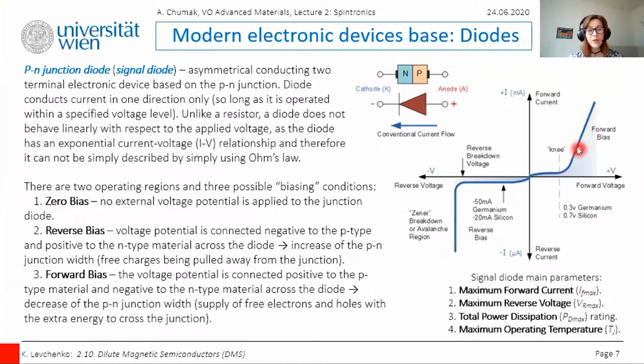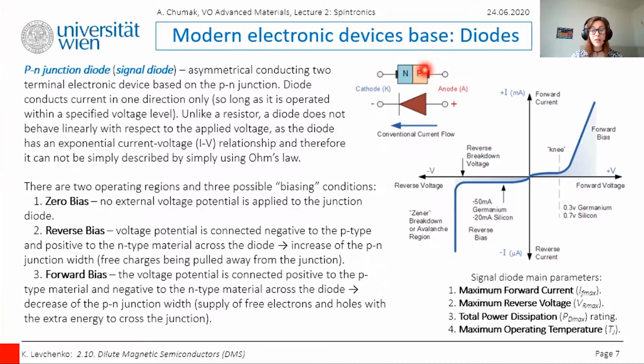This non-trivial dependency we can divide into several regions. We start with reverse bias, when the positive voltage is applied to the n-type material. Of course, the electrons will be attracted toward the positive electrode, so away from the junction. And the same with the holes in the p-type: they are attracted away from the junction toward the negative electrode.